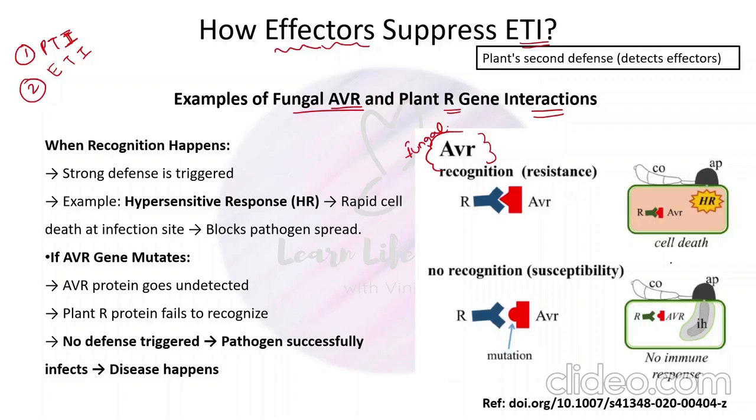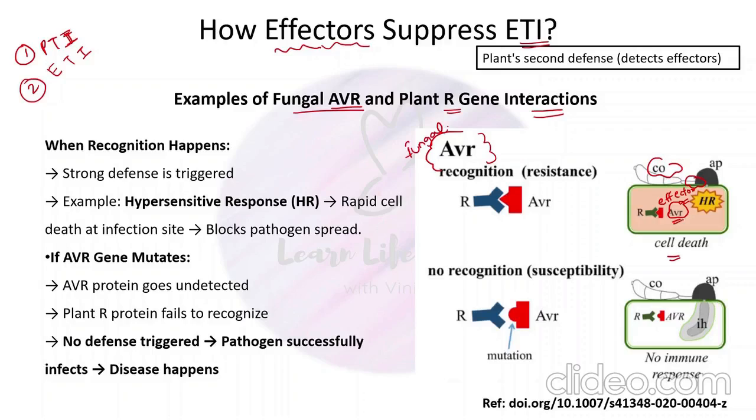Okay, so in this case, you can see that the conidia is in junction with the plant cell, and upon infection, the AVR protein is released inside the plant cell. This AVR is the effector. Okay, this AVR is the effector protein which is produced by the fungi.